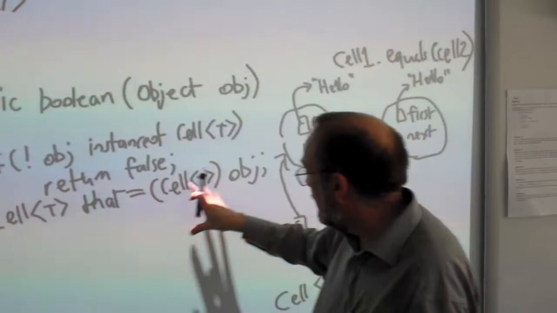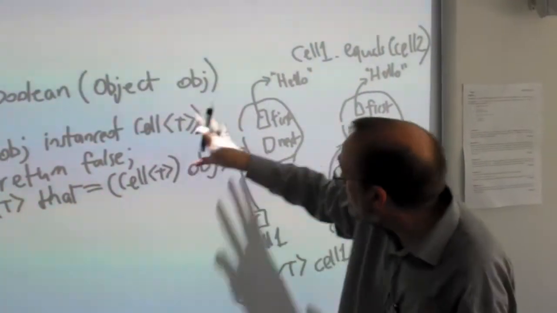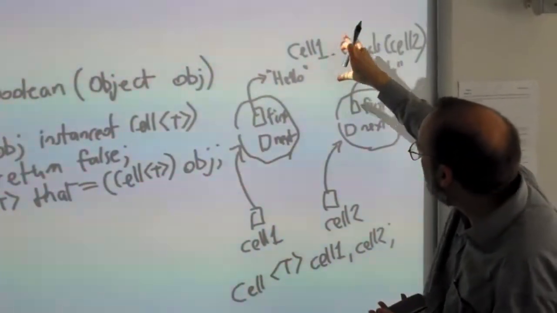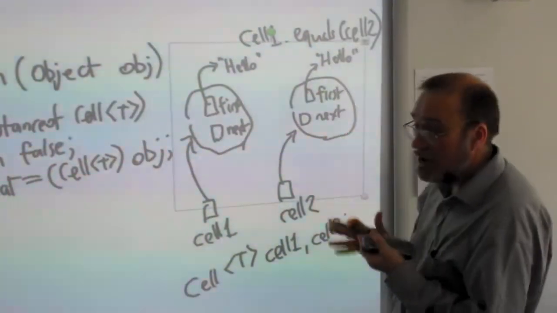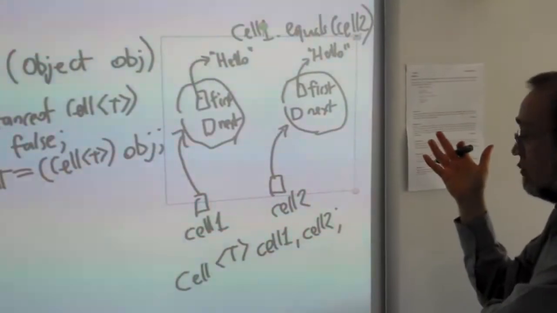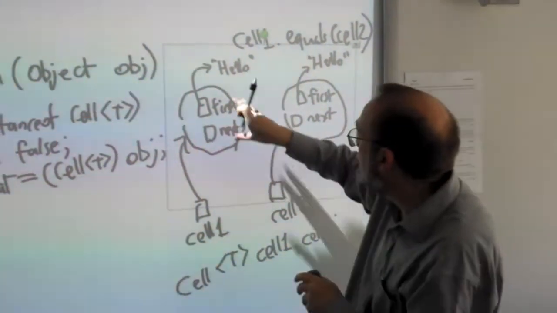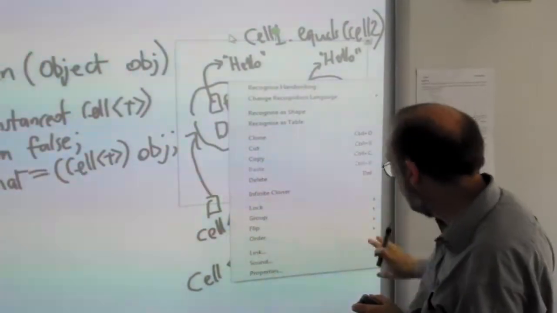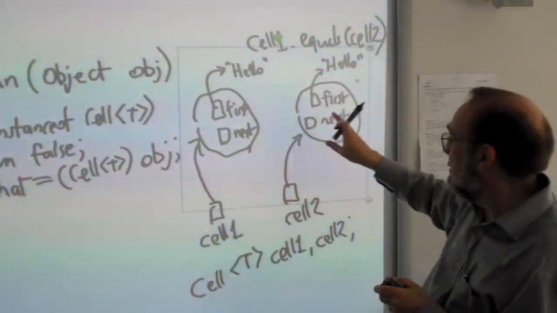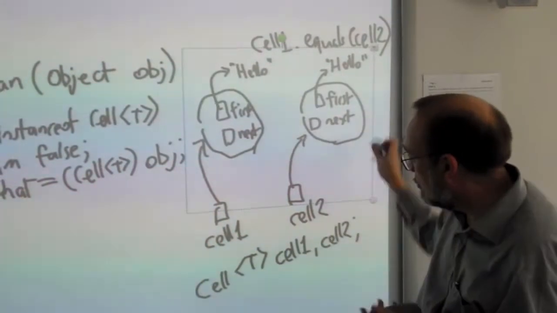Now, this refers to the object that it's called on. So in this case, cell1 will be this, and cell2 is that. Now, when are they equal? Well, they're equal if the first are equal and the next are equal.